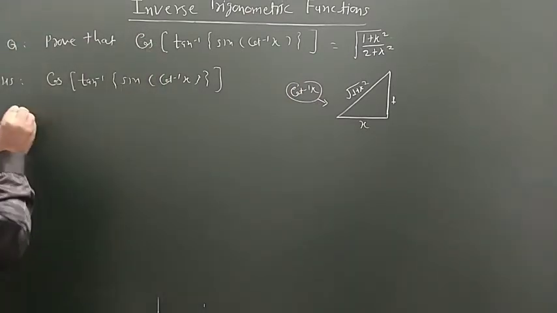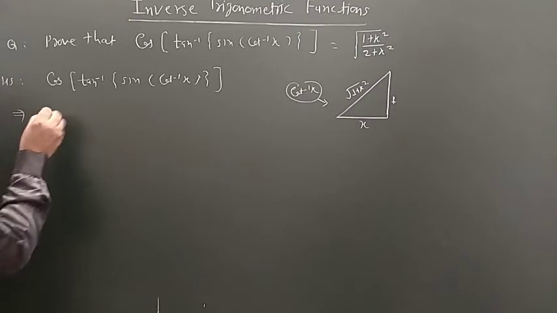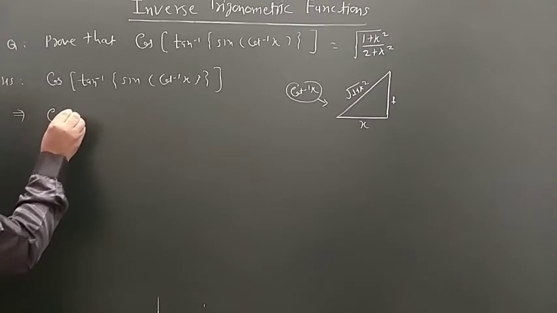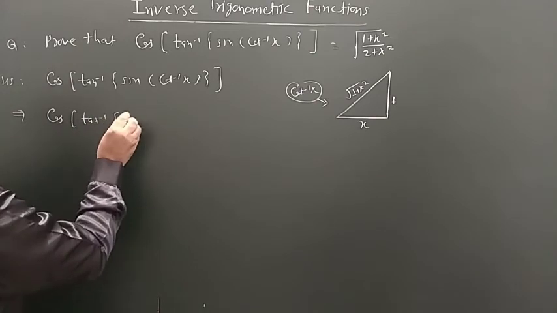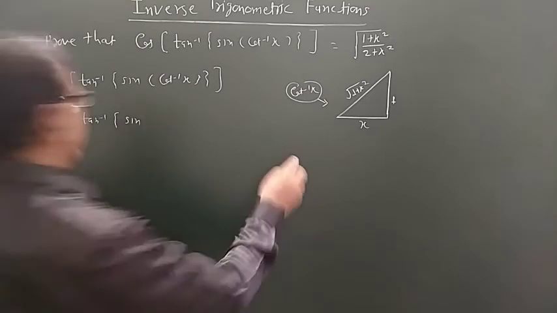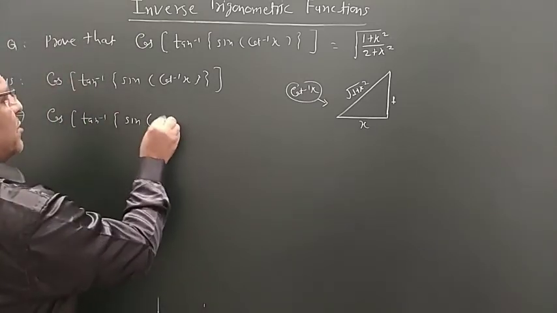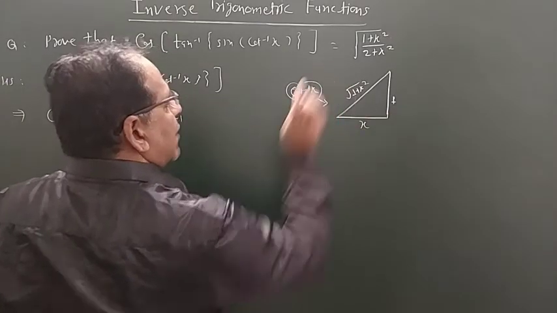Now cos tan inverse sin, and this cot inverse x can now be written as sin inverse perpendicular upon hypotenuse.